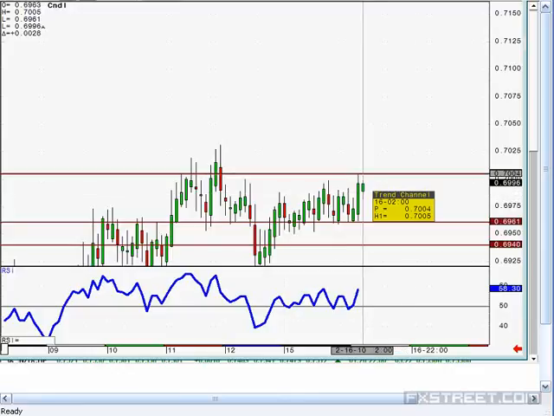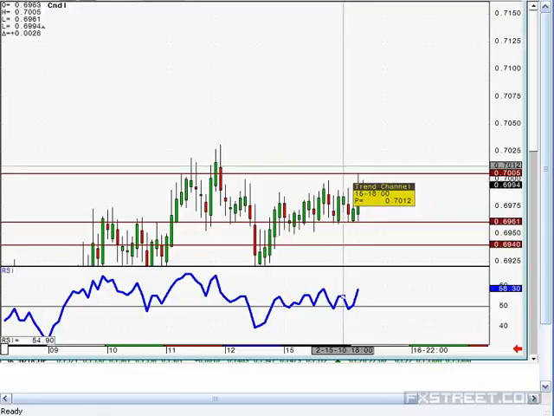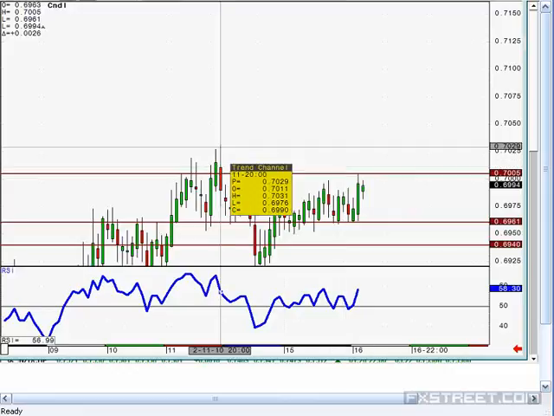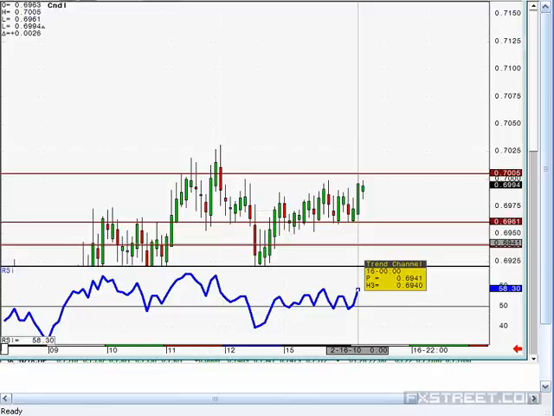As a result, I know that my emotions are at bay, and at the same time I can start working out my risk reward. For example, if I'm going to take my trade now, once it breaks, I should know that my risk versus reward doesn't justify it, because my immediate barriers are at 70.30 and 70.50.